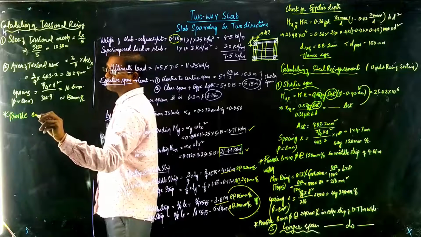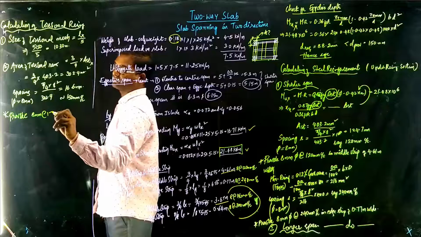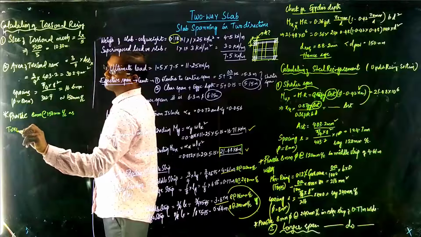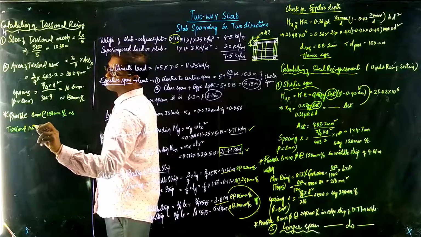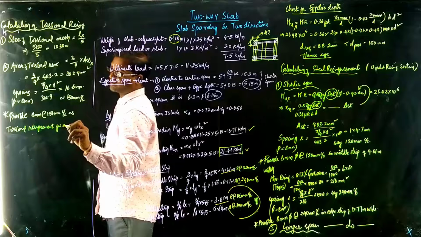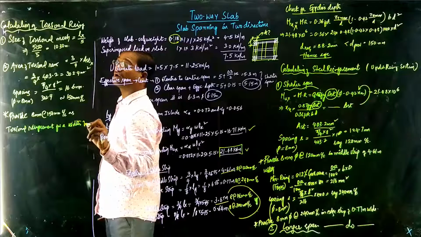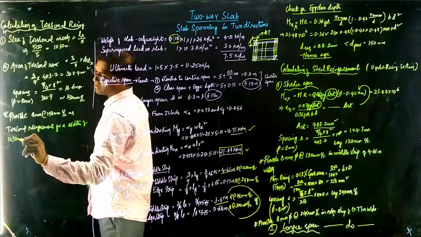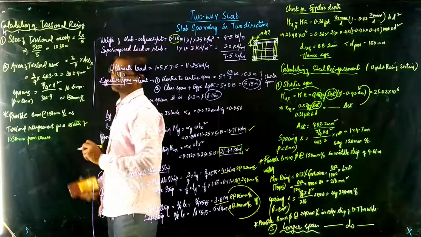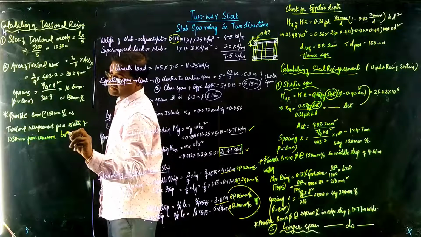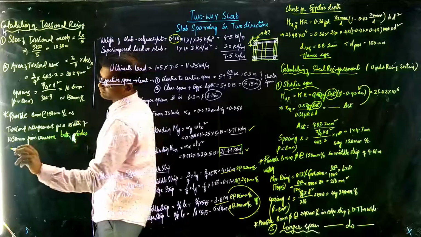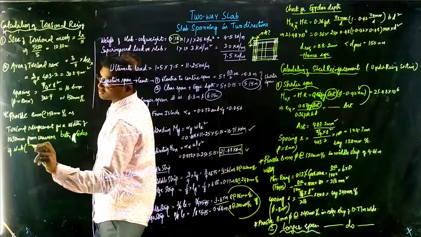Provide 8 mm bars at the rate 150 mm center to center as torsional reinforcement for a width of how much? 1030 mm from corners on both faces or both sides of slab. That is top and bottom.